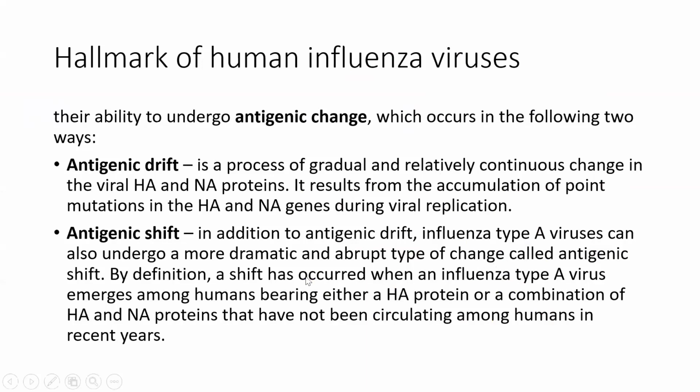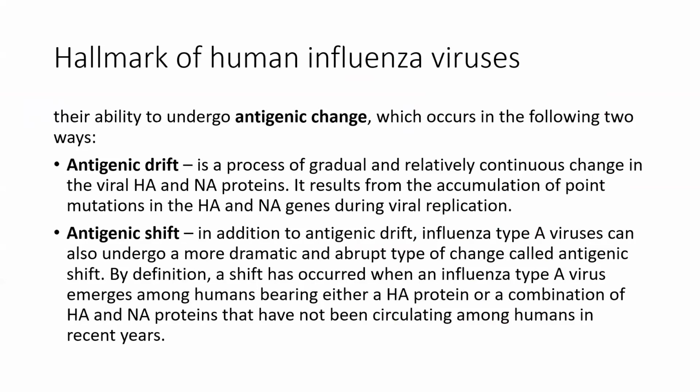With antigenic drift, one would know that with every viral replication there will be an accumulation of genetic point mutations. Antigenic shift depends on several factors, for example a new influenza A emerges as a combination of two different viruses from two different hosts, and then there is a recombination, and that could lead to antigenic shift.